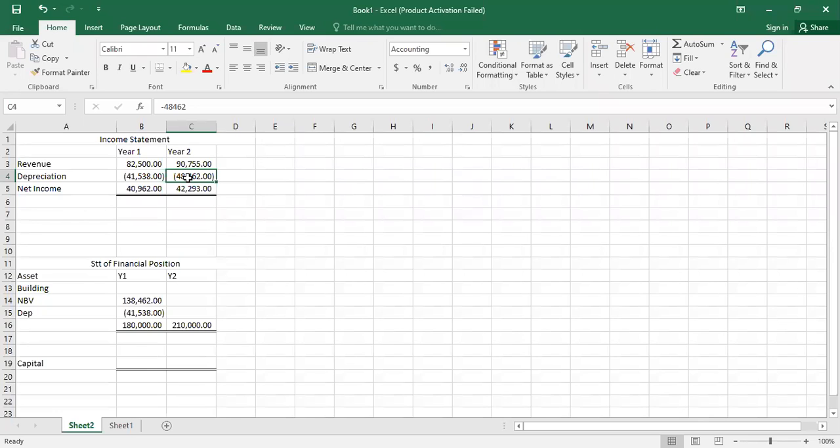I think the accumulated depreciation will be the 90,000. Wonderful. Why 90,000? Explain to us. The 41,538 you had was the depreciation for the first year, so you are getting 90,000. Wonderful. So what do we get as the book value? Just subtract. 120. It is 120,000.